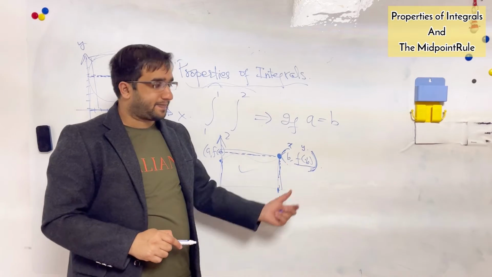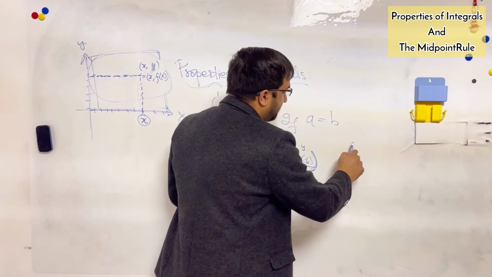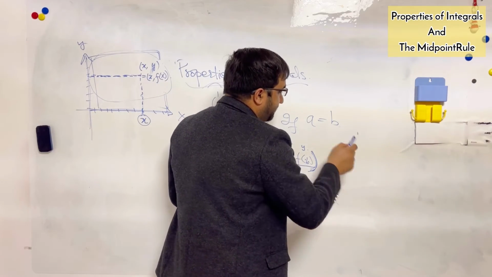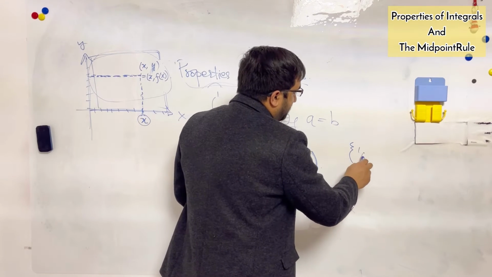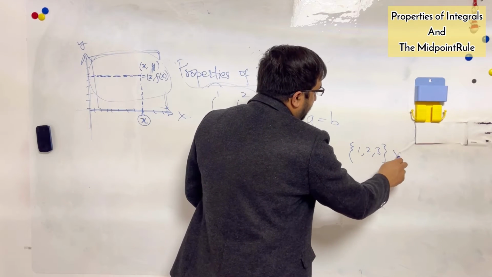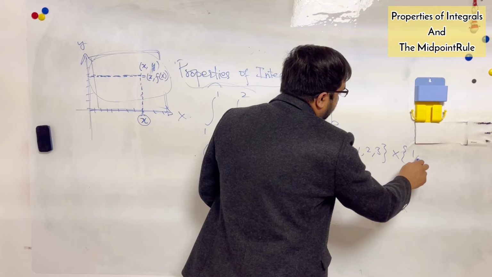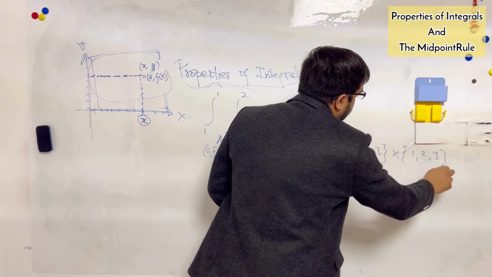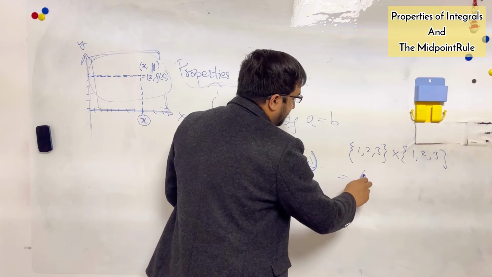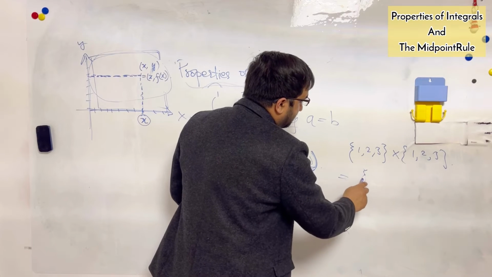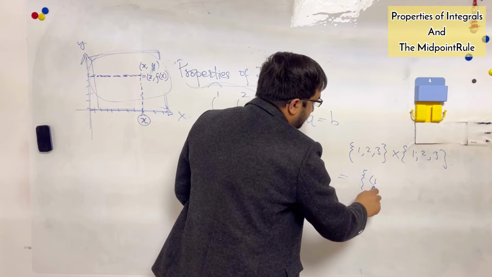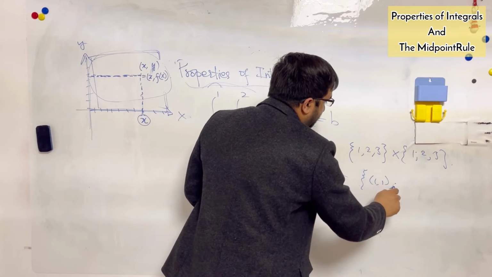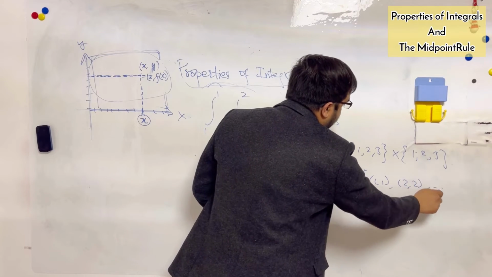ordered pair. And this is the same thing which you already know: if you have two sets 1, 2, 3 and you multiply them together, then you will get the ordered pairs (1, 1), (2, 2), and so on.